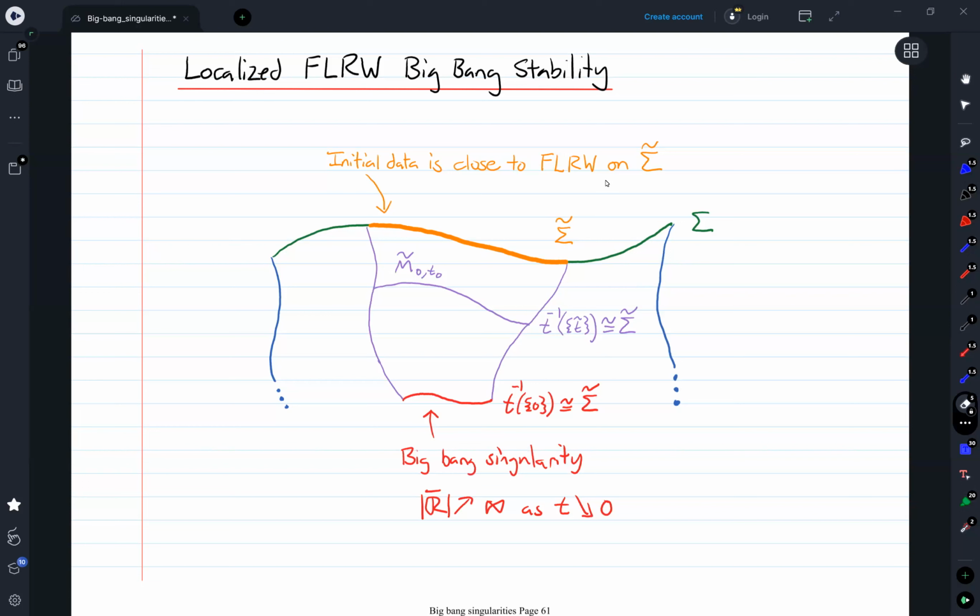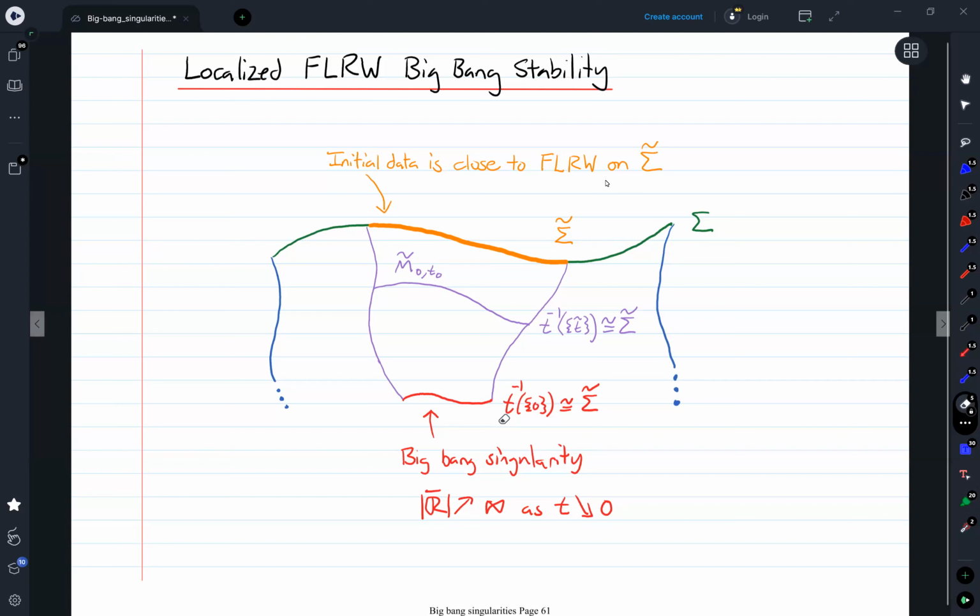We're exploiting the finite propagation speed of the Einstein equations. But you have to use the right way of gauge reducing the equations in order to exploit this finite propagation speed. So we found a proof that does this. Basically it says that we get this localized region where we can get a big bang happening, at least on a portion of the maximal development.